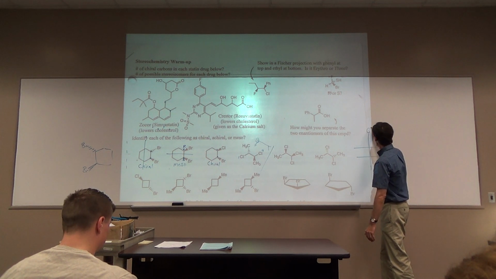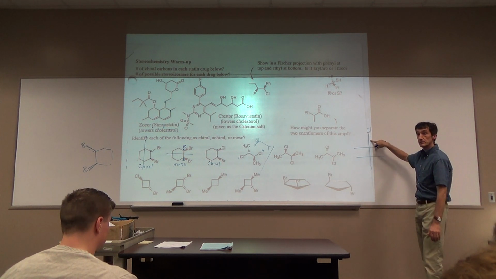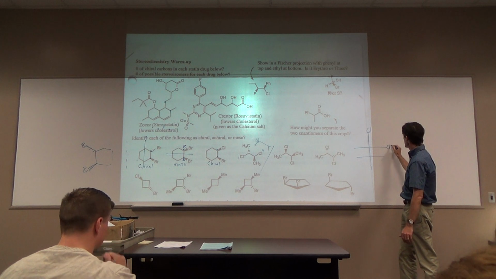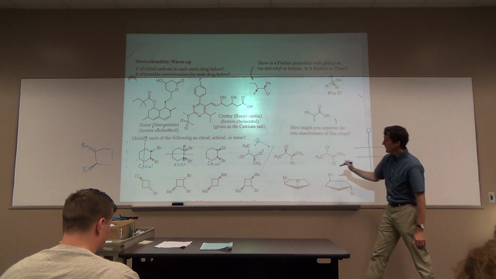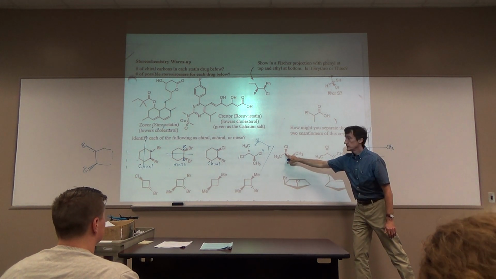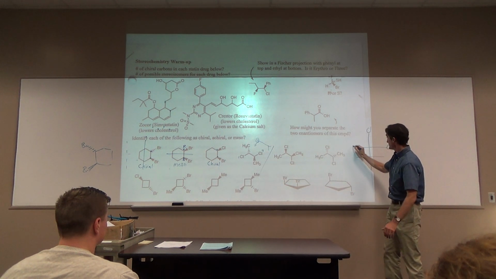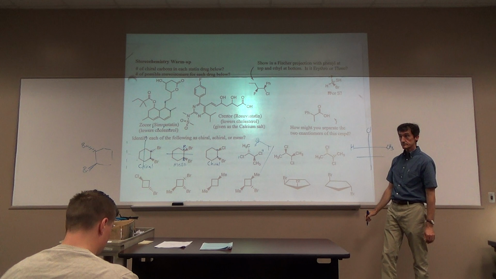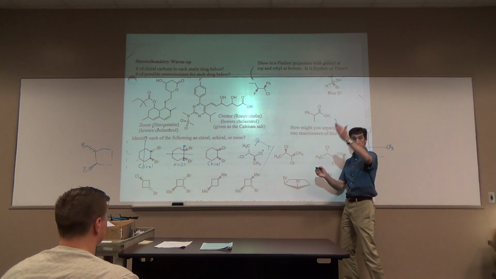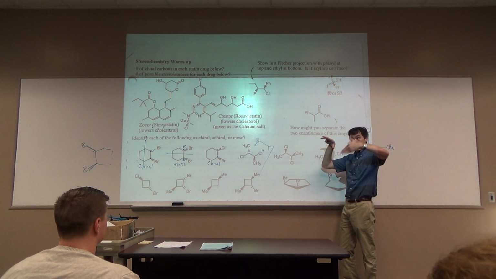So the chlorine going away, the methyl is over here on the right. There's an undrawn hydrogen here. Hold on. Here. It's over here. It's got to be, because it's coming towards you, which is on my left.